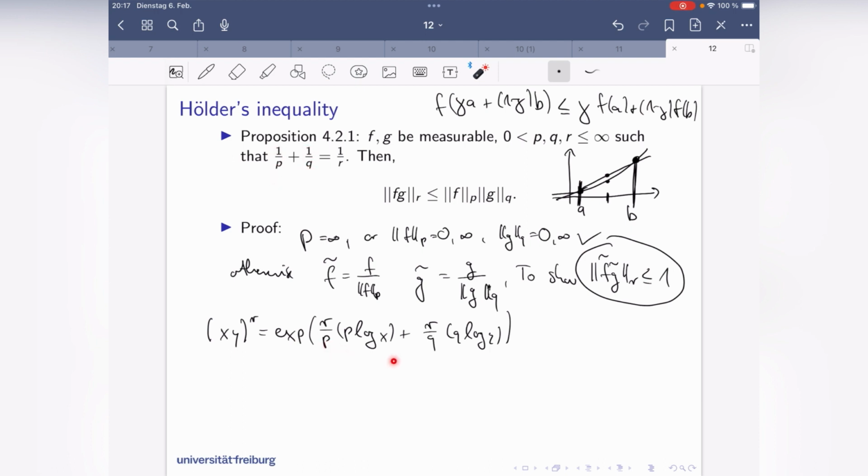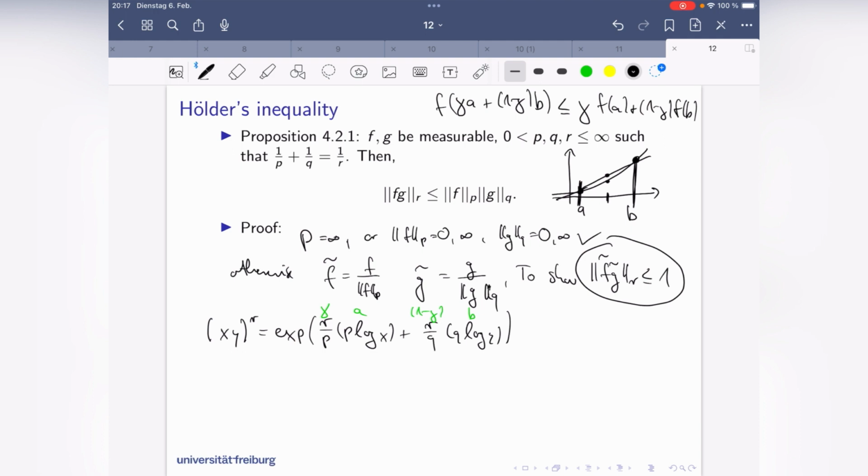So the sum of these two here, that is 1. And here is one value, and here's the other value. So let me just write. So that's the gamma here, that's the a, that's the 1 minus gamma, and, oops, sorry, that was no a. So that was the a, and that was the b.